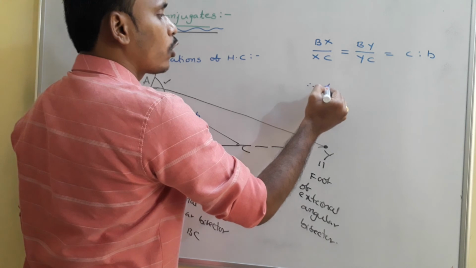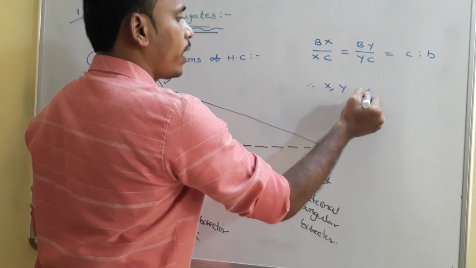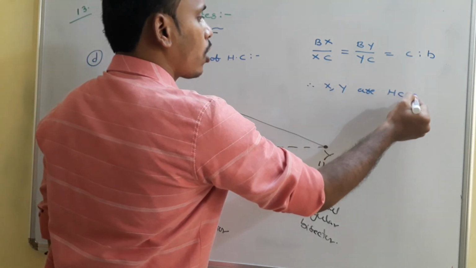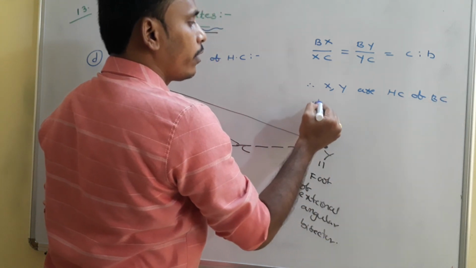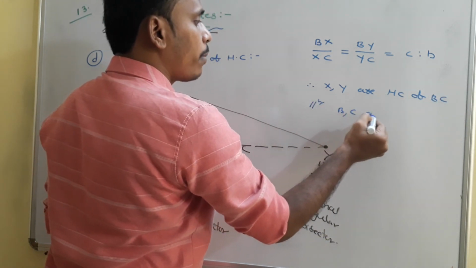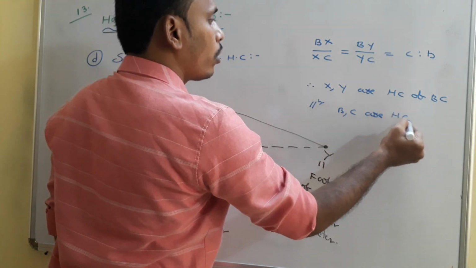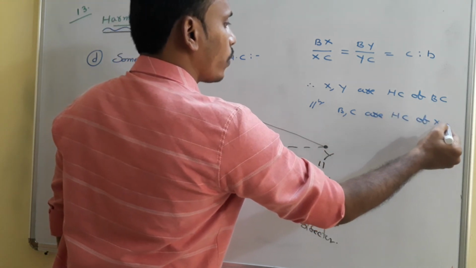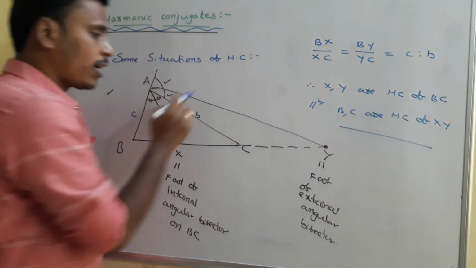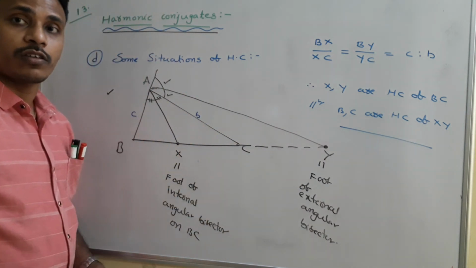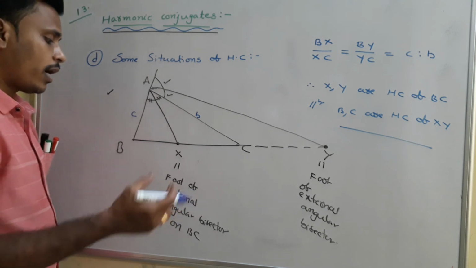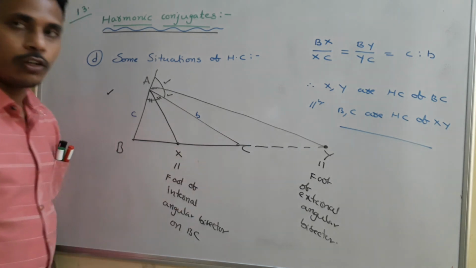So we conclude that X, Y are harmonic conjugates of BC, and similarly B, C are harmonic conjugates of XY. I think this concept is very clear for you. Geometry, trigonometry, properties of triangles are already completed, and now it is easy to identify this. Have a look.